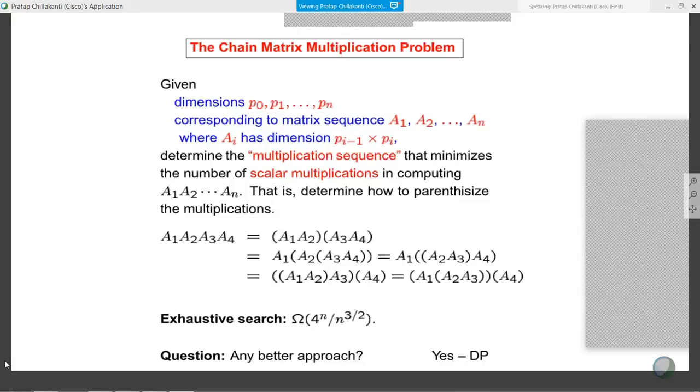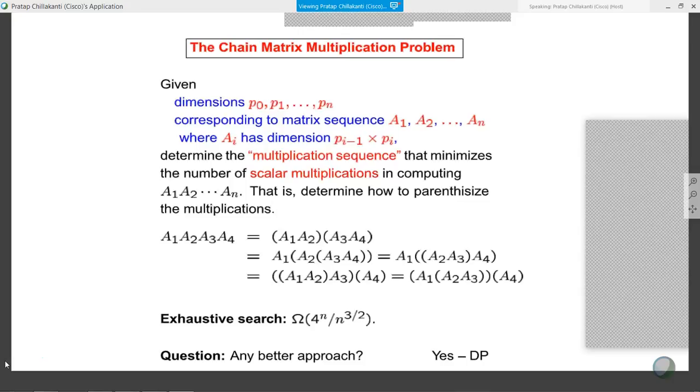Note the dimensions start from subscript 0, while the matrix sequence goes from A1 to An. The reason I start with 0 is that the dimensions of the ith matrix are P(i-1) by Pi, an x by y table.